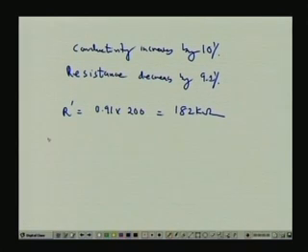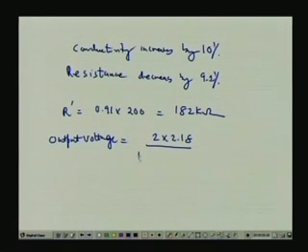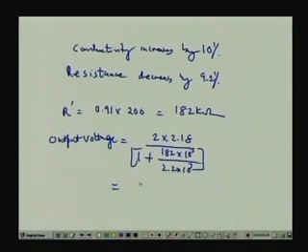So, the output voltage will be equal to 2 multiplied by 2.18 upon 1 plus 182 into 10 to the power 3 divided by 2.2 into 10 to the power 6, like this one. So, this will give you 4.026.